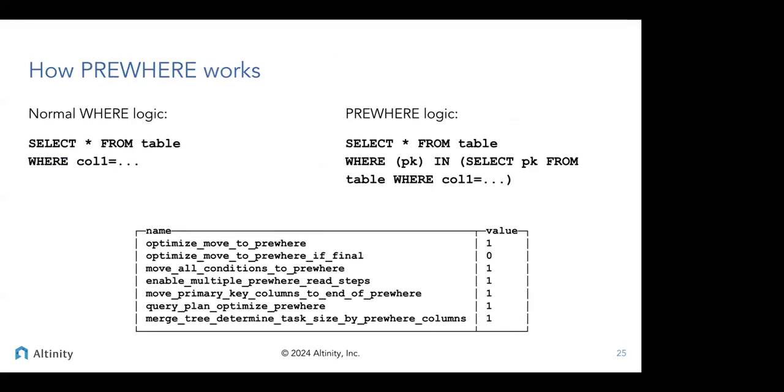And here is an example about PREWHERE. Usually, with the normal logic, you can explain it like this: we're just reading all the columns together and filtering out everything which is not matching our expression. Well, PREWHERE logic is different.